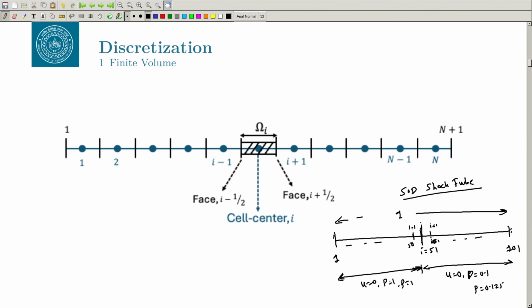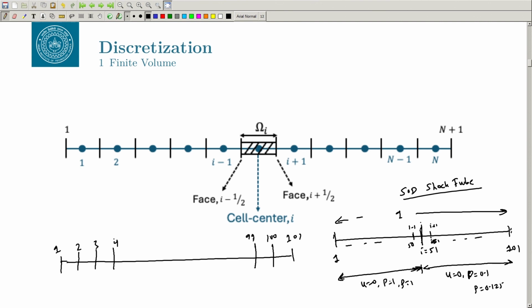If you want to solve it using the finite volume approach, what you would do is you may have 101 points, but in all these 101 points, this is 2, this is 3, this is 4, this is 100, this is 99.